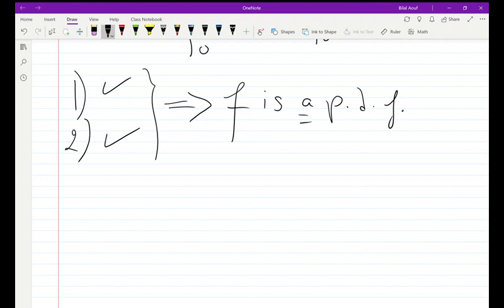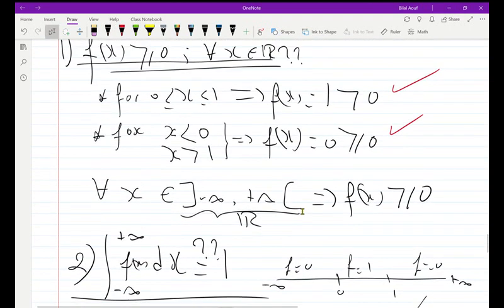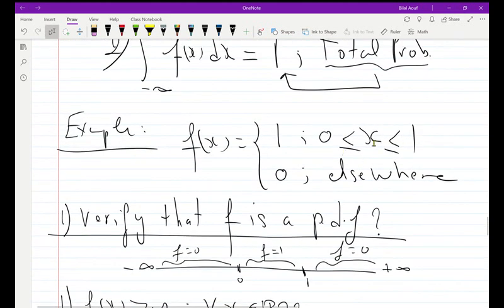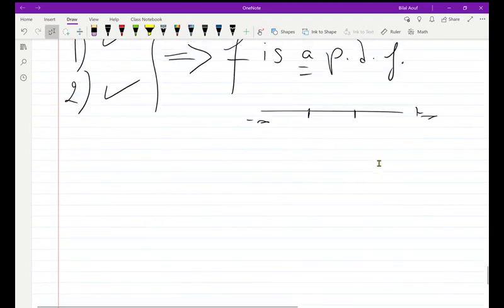The only thing you have to do is to demonstrate that f of x is greater than or equal to 0 for any x belongs to set R, meaning for any x between minus infinity and plus infinity. In the middle, you put only the points shown in the function, so 0 and 1, on the x-axis.